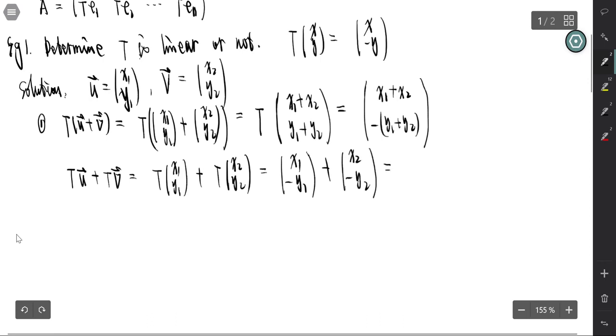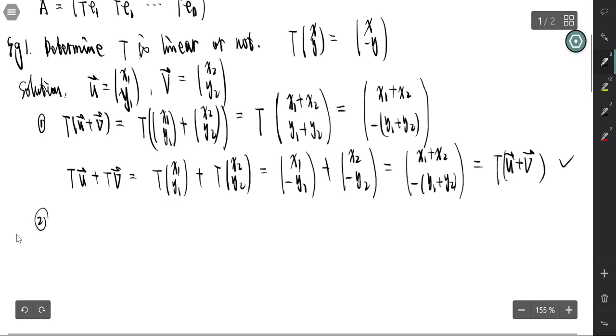Add them together, that is (x1 plus x2, negative (y1 plus y2)). This is actually the same as T(u plus v). So the first condition is satisfied.